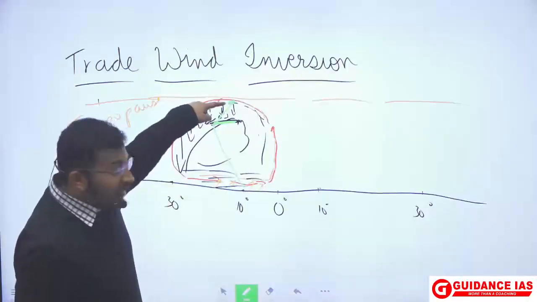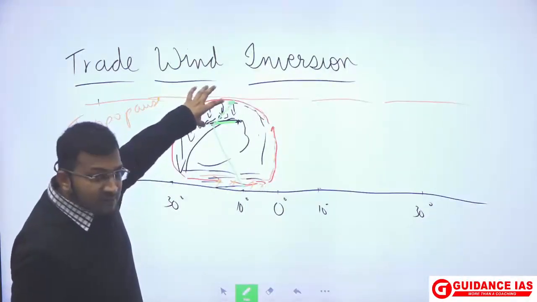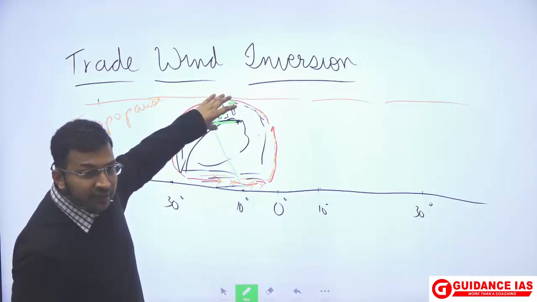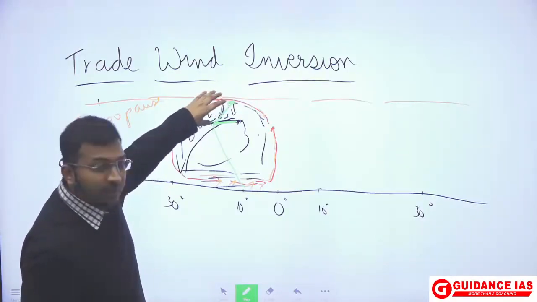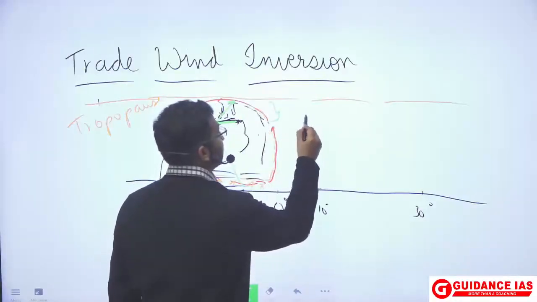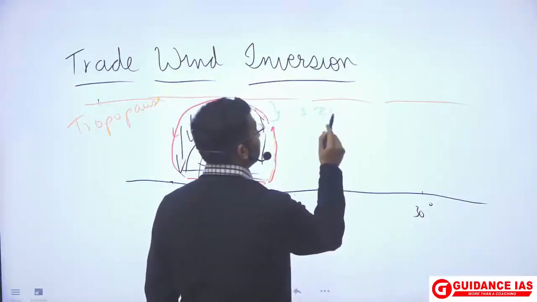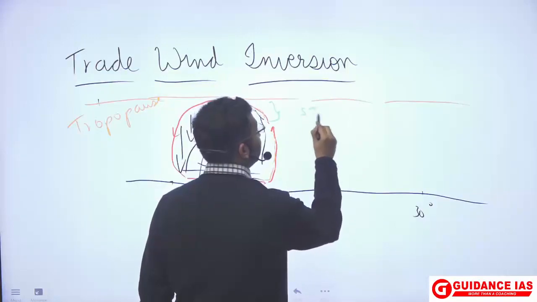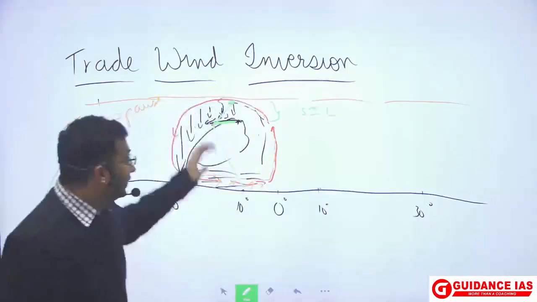So from here, the subsidence inversion layer is formed in this particular region. This region is the subsidence inversion layer.